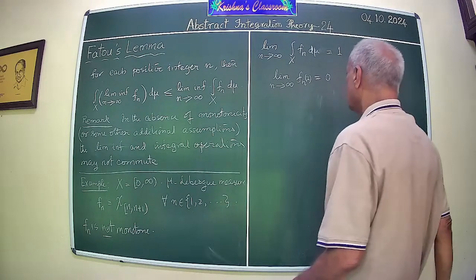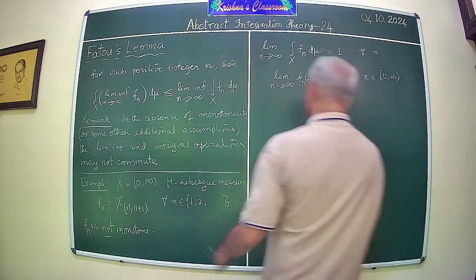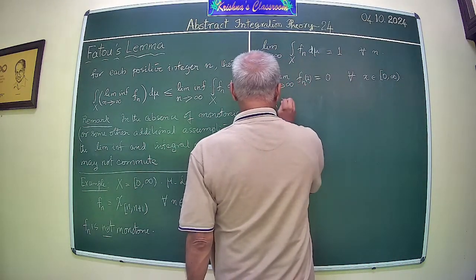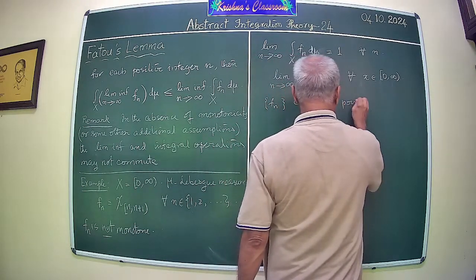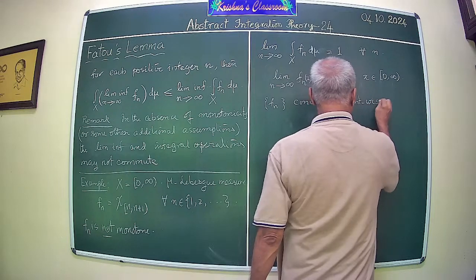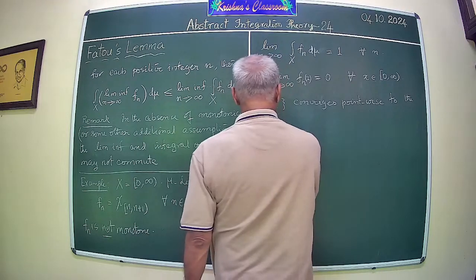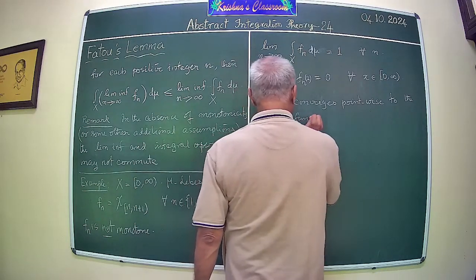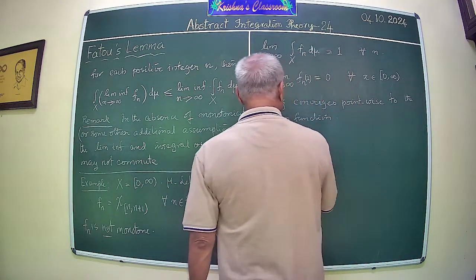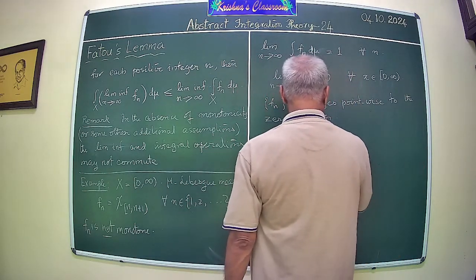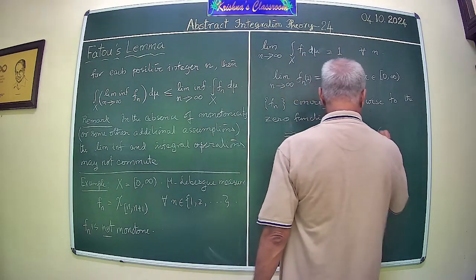So this actually converges to the identically 0 function pointwise. So Fn converges pointwise to the zero function, which implies zero.